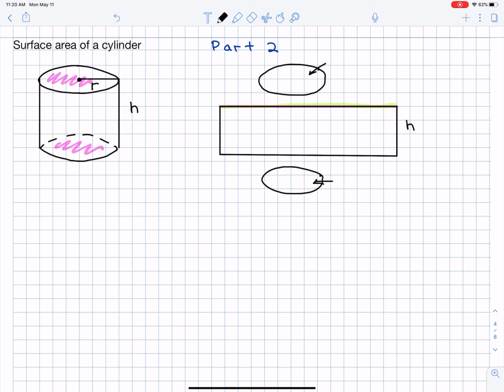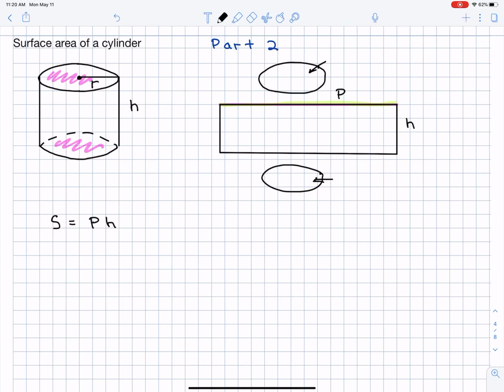If we want to find the surface area of this cylinder, what are we going to do? Well, we're going to take the perimeter of the circle, multiply it by the height, and then add our two bases.